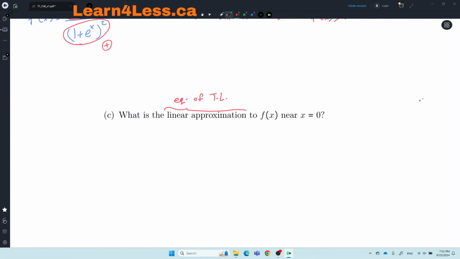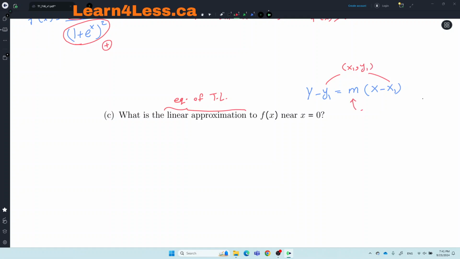So how do we find the equation of the tangent line? We can use the slope-point form. Let me write the equation for that: y minus y1 is equal to the slope times (x minus x1), where x1 and y1 are the coordinates of one point on the line.